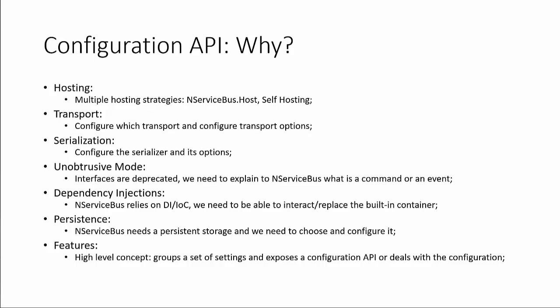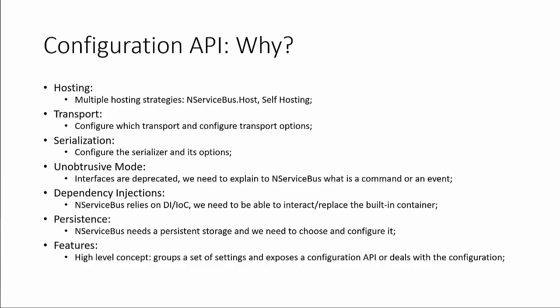And in both cases, we need to be able to configure the NServiceBus behavior. The transport: we need to be able to tell NServiceBus which transport to use and configure transport options. Most of the transport options should be configured via code, and some of them, such as the connection string, can be configured via an application configuration file.